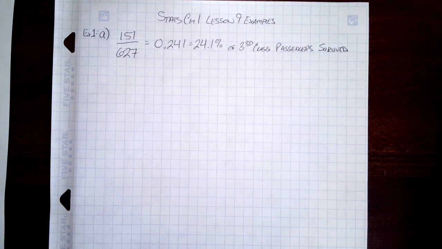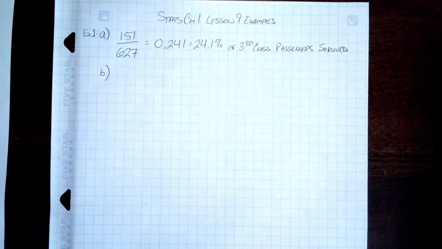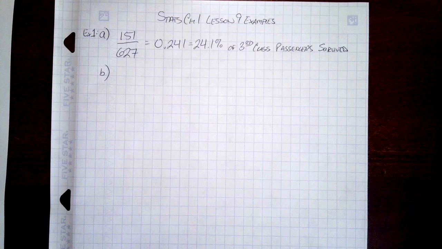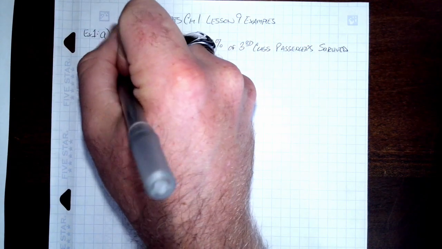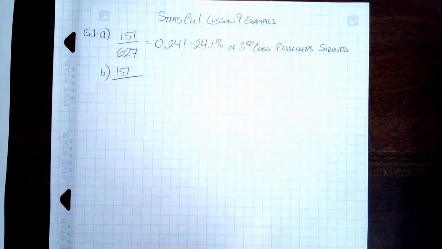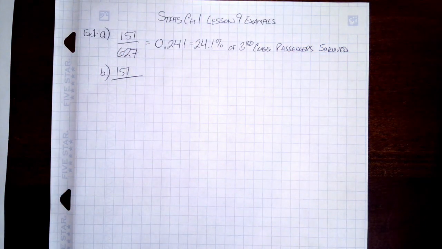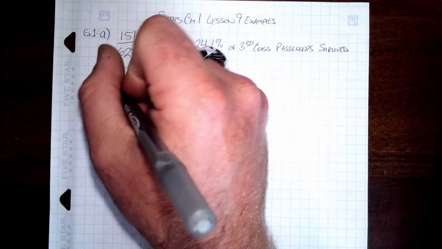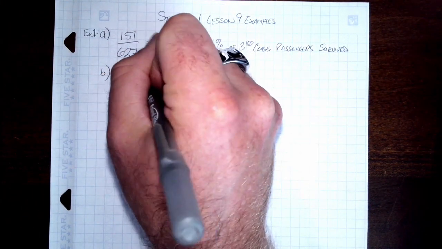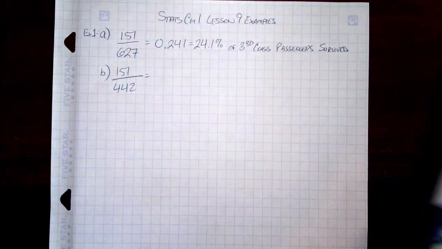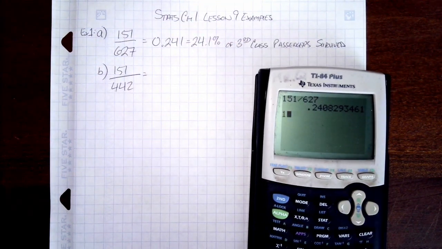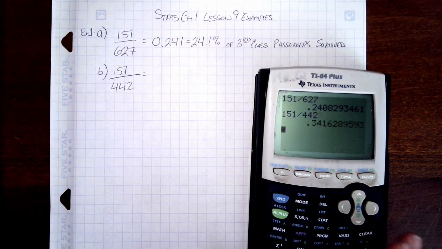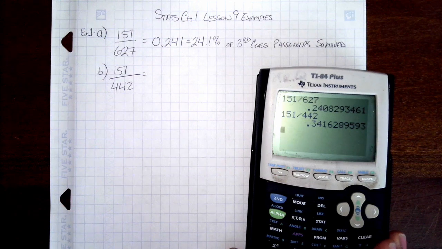And that's part A. What percent of the survivors were third-class passengers? So 151 third-class survivors out of a total of 442 who survived. So given that we have survivors, how many of them were third class? 151 out of 442 looks a little bit better. 34.2% of the survivors were third class.